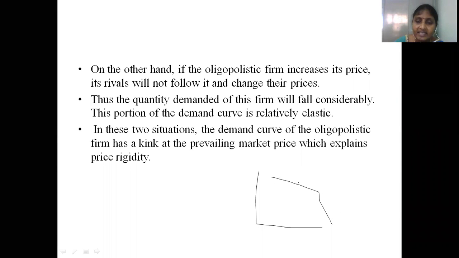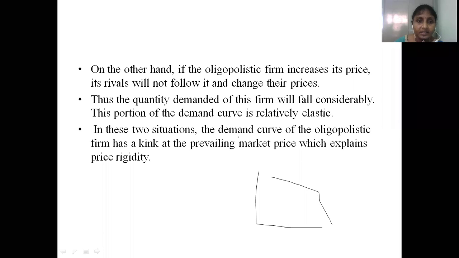Inelastic part means whatever price changes happen, it is not affected by them. Decreasing the price is not going to increase the quantity demanded. In the other case, when we increase the price, the curve is relaxed, and automatically the quantity demanded at this price is going to be reduced.